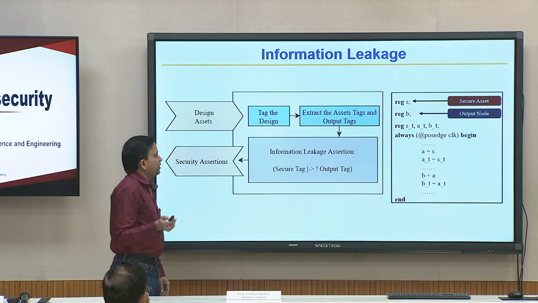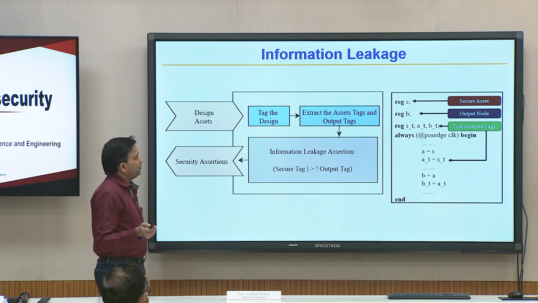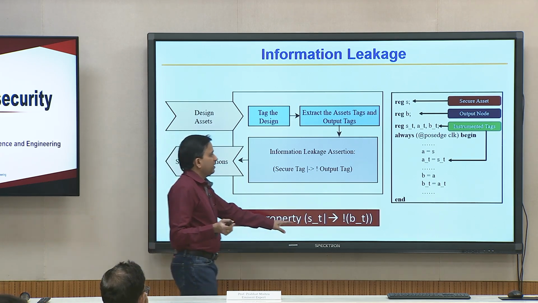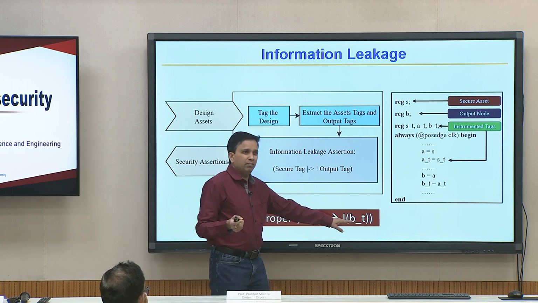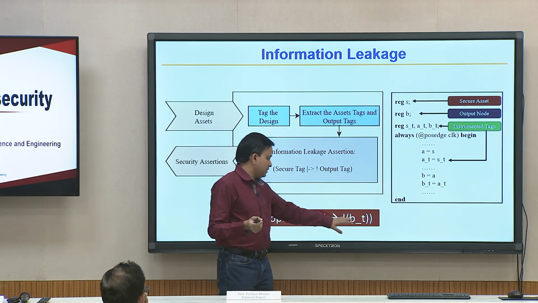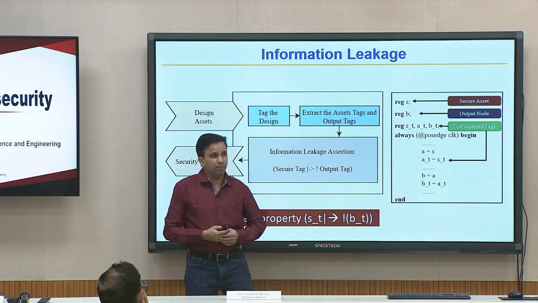After we instrument with tags, we want to check, if B is the primary output variable, that S_t implies not B_t.